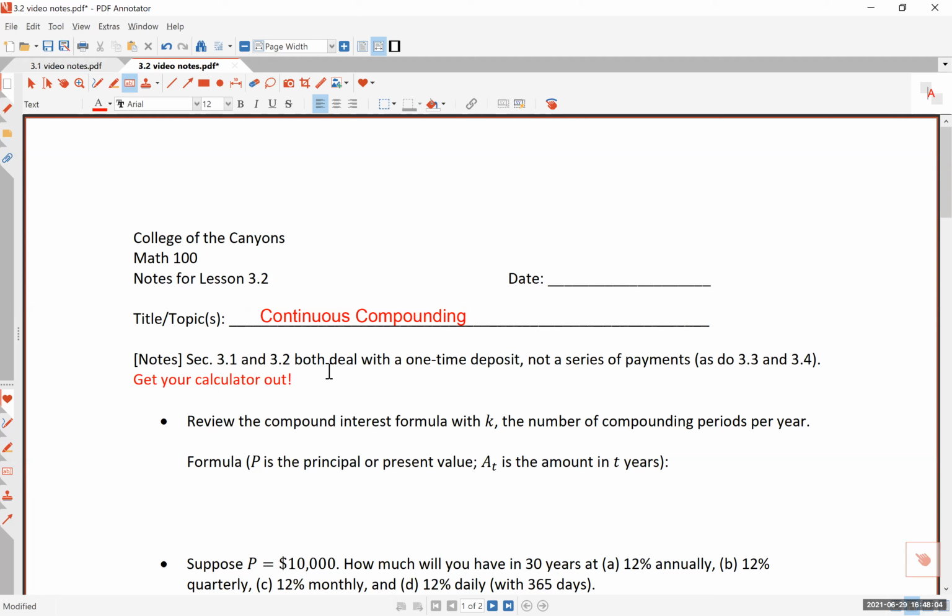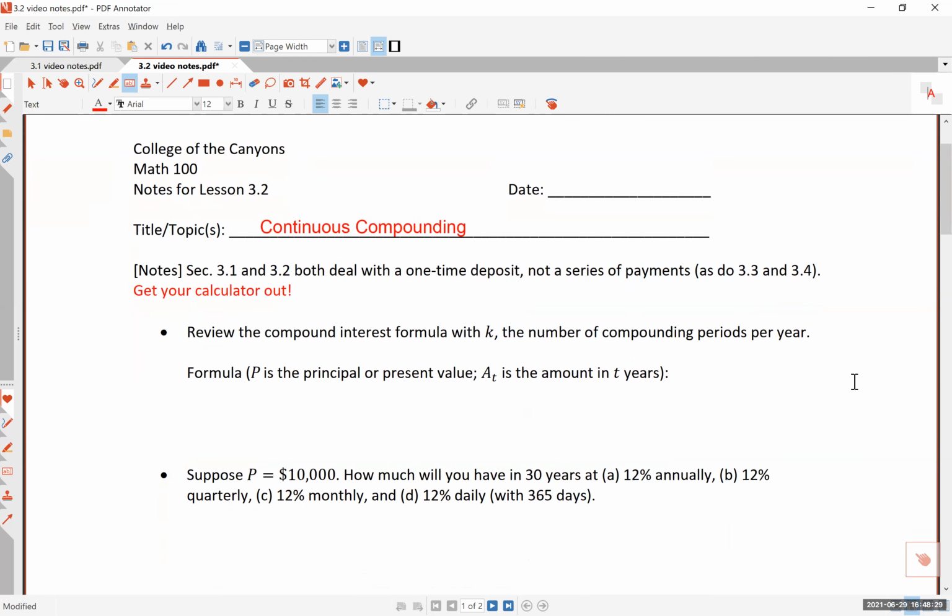What happens if the money compounds not every month, not every day, not every hour, not every minute, but every moment in time? There is a way to calculate it, surprisingly, and that involves a limiting process. So let's take a look at what this continuous compounding has to offer.